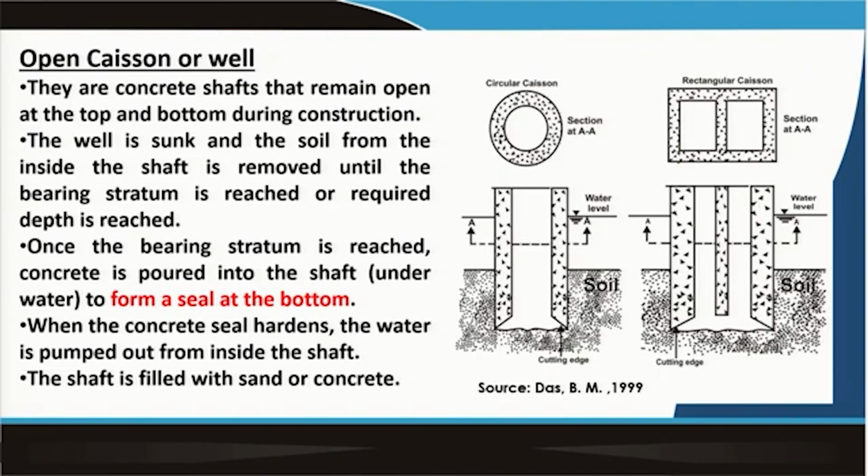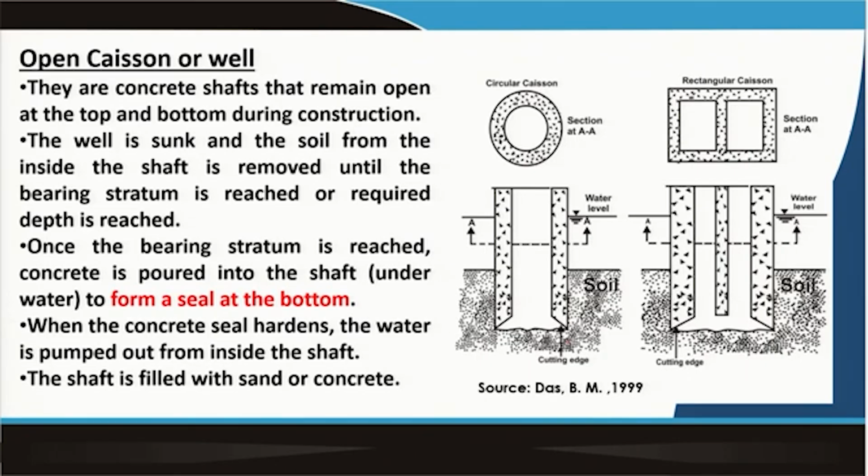This is the soil where we have to install the foundation, and above that it is the water table or water. Generally this type of foundation is suitable for bridge structures, and it will most of the time be constructed within the river bed. So, that is why there will be water, then the river bed.